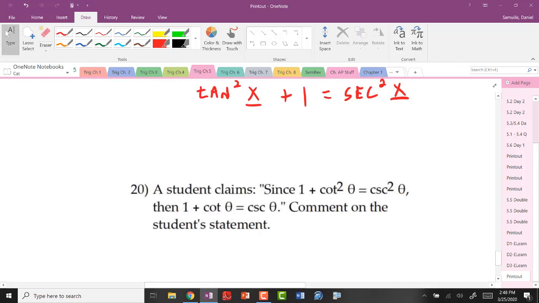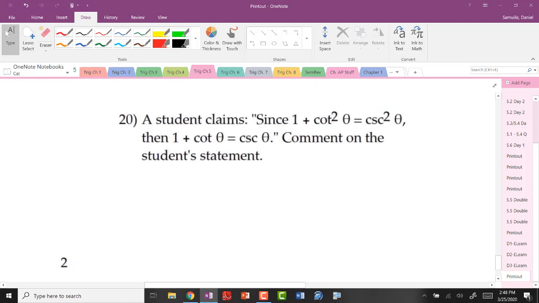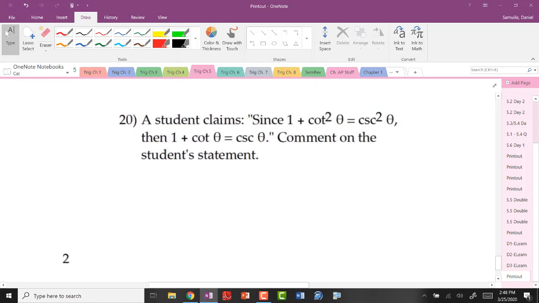This is a classic when I did the notes in my class, and I'm sure all the other teachers said the same, just because we see these errors all the time. Since 1 plus cotangent squared equals cosecant squared, does that mean 1 plus cotan equals cosecant? Heck no. 3 squared plus 4 squared equals 5 squared. That's true. 9 plus 16 equals 25. True.